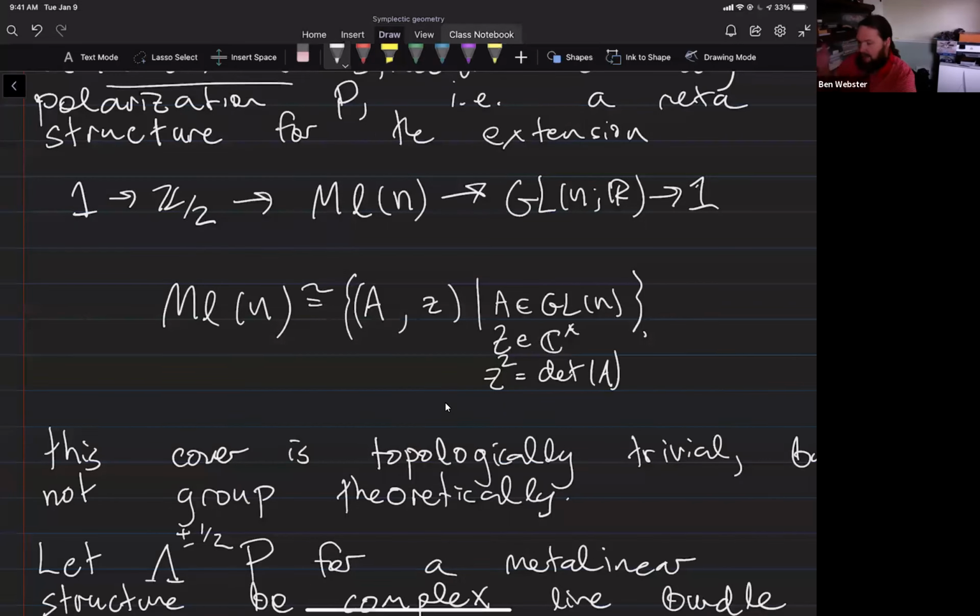I have an element A of GL_n(R). I should just emphasize, since there are complex numbers running around, I really mean GL_n(R). And a complex number z, such that z squared is the determinant of A. So now note here, of course, if the determinant is positive, z must be a real number.